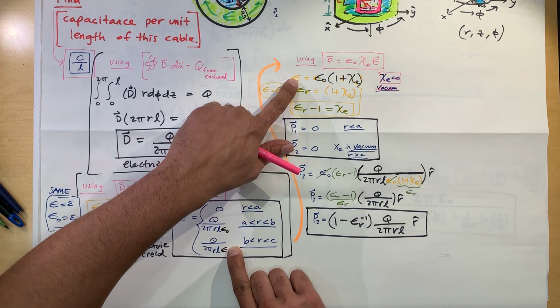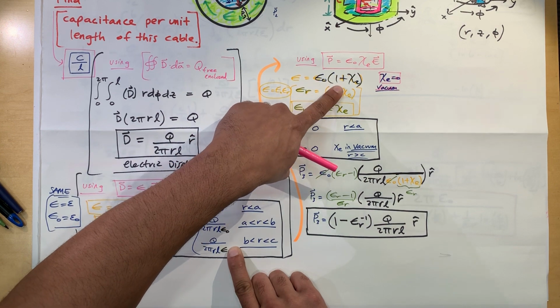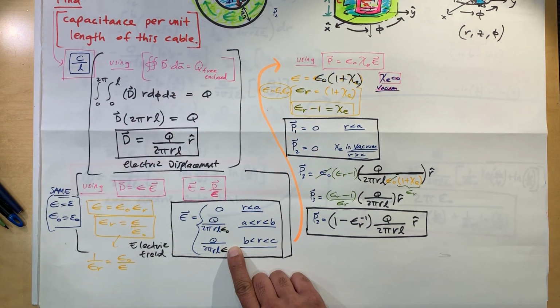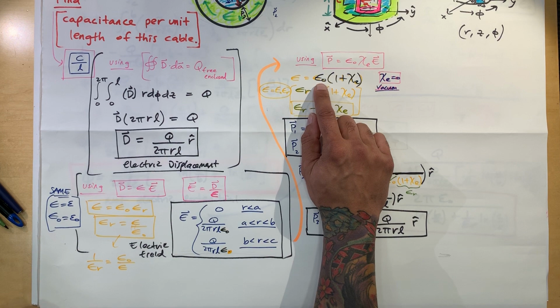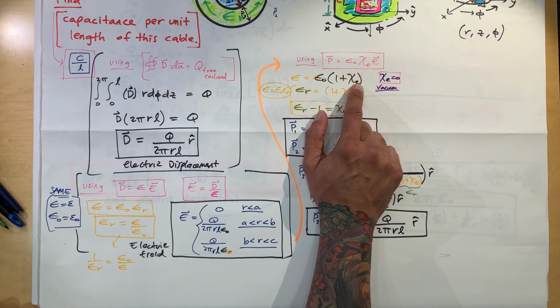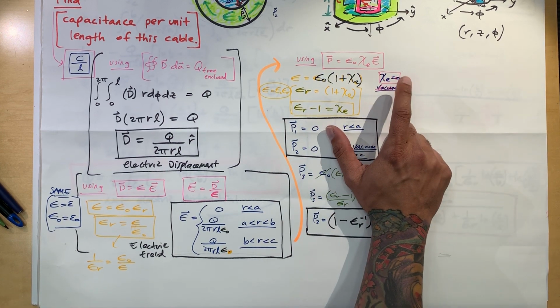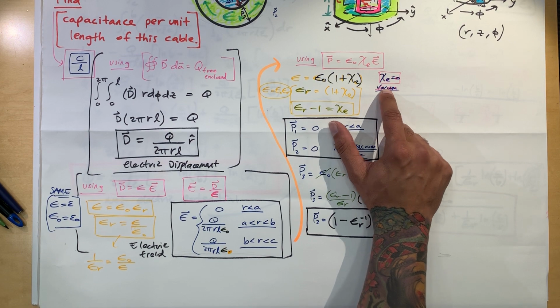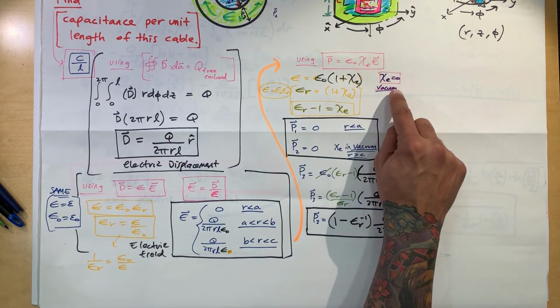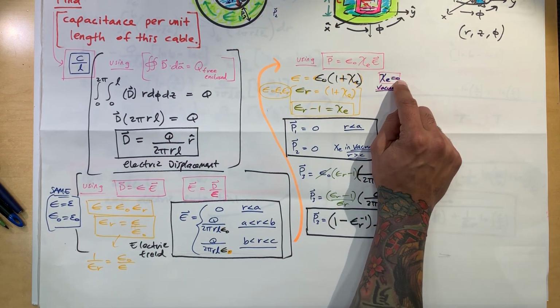And remember that epsilon is epsilon naught times 1 plus chi E. Usually we're used to writing epsilon naught, but remember that chi E in a vacuum, the susceptibility, is 0. So if we're not in the dielectric, then chi E is 0.